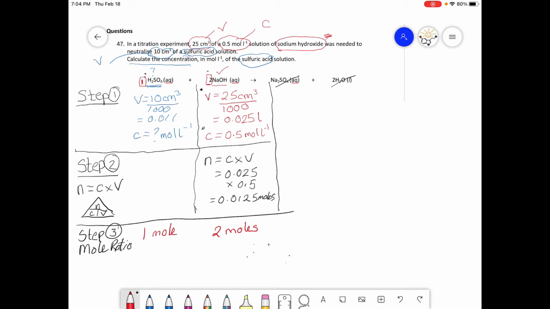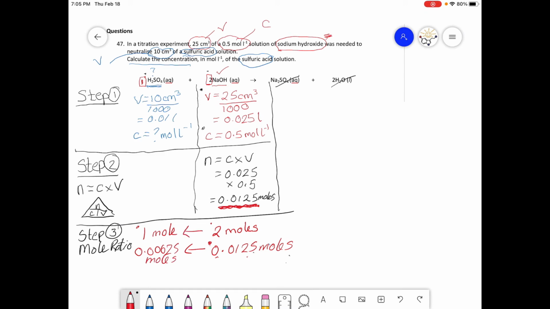Now, we don't have 2 moles of sodium hydroxide. We actually have this many moles, 0.0125. That's what you've worked out. So I'm going to write that down here. And my mole ratio, because it's 2-to-1, I need to halve my number of moles of sodium hydroxide. So I'm going to divide that by 2, and that is going to give me 0.00625 moles.